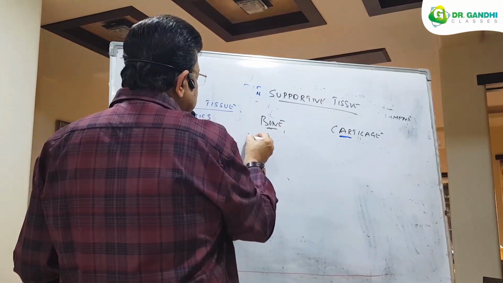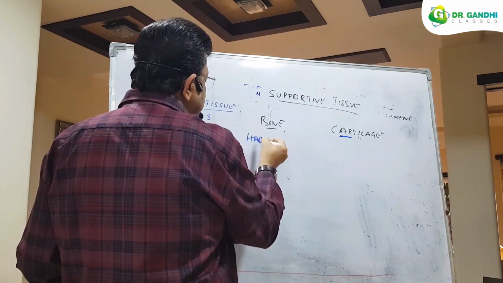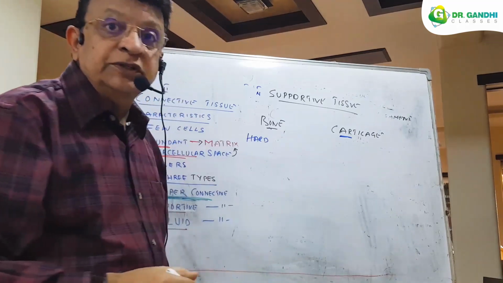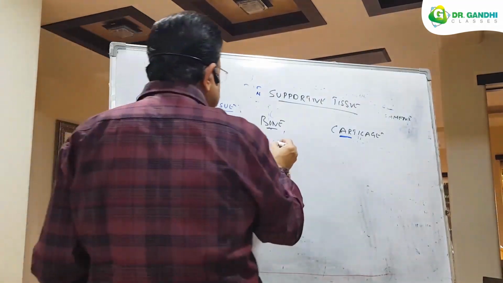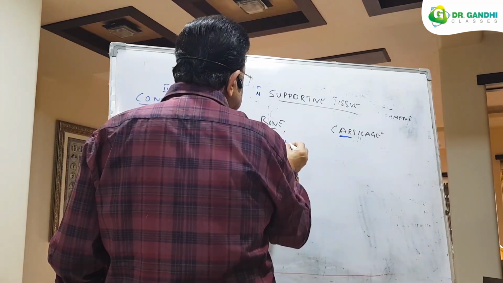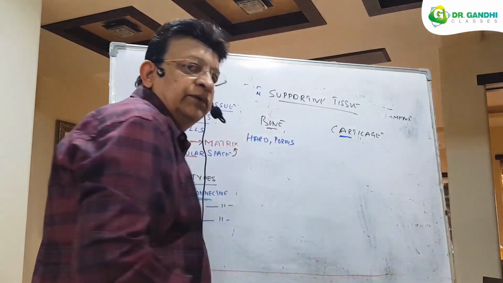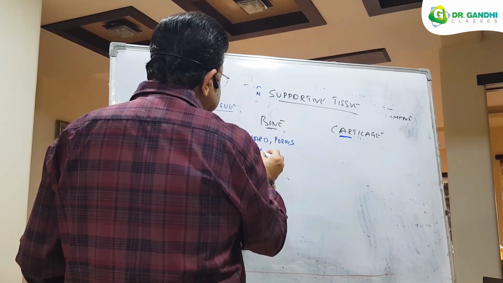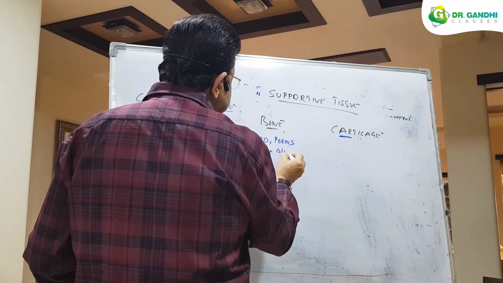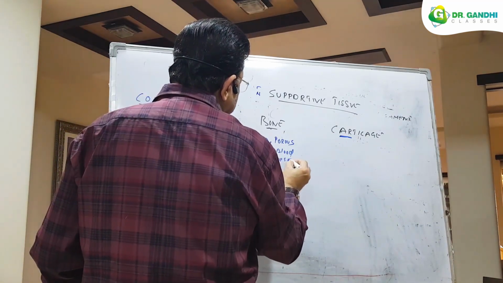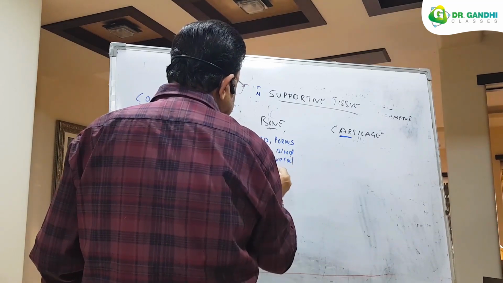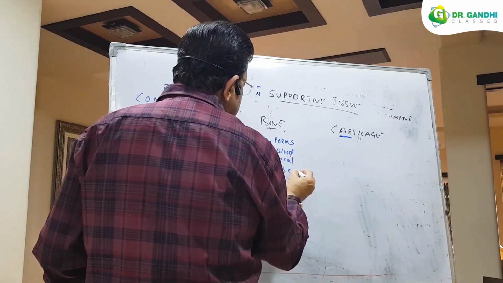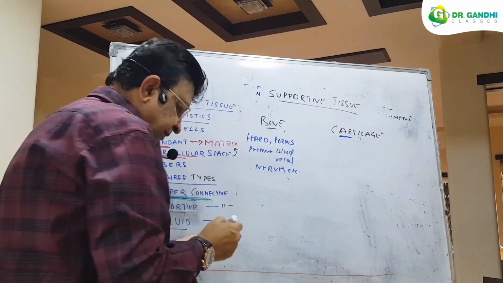What is the characteristic feature? It is hard. It is made up of a ground substance of calcium and phosphorus. Calcium and phosphorus are porous, and when I draw the diagram, you will know that there are also present blood vessels, nerves, etc. So I am drawing.